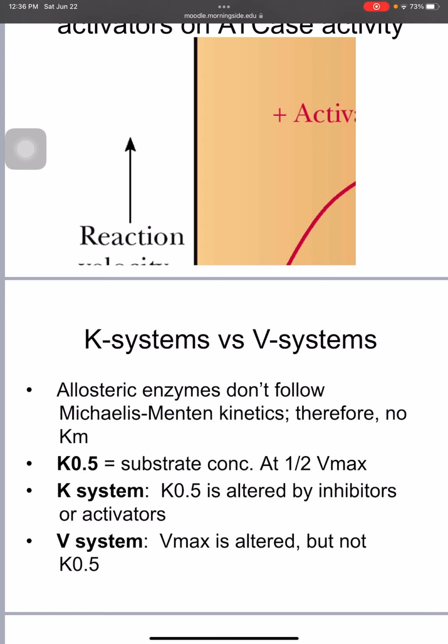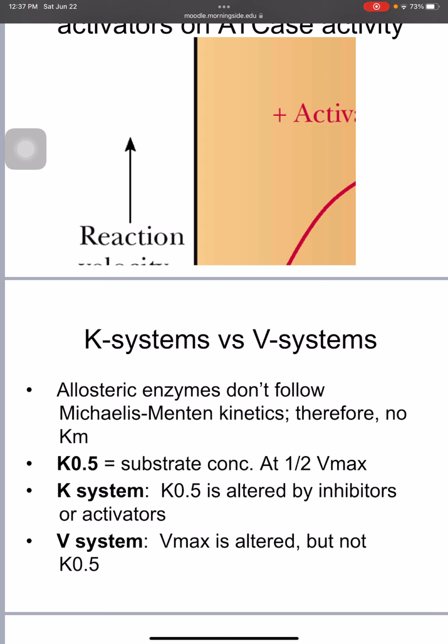Also, we want to introduce a couple of terms here: K systems and V systems. This is analogous, really, again, to Michaelis-Menten. K systems are analogous to what we saw with Michaelis-Menten competitive inhibitors. Let me backtrack.